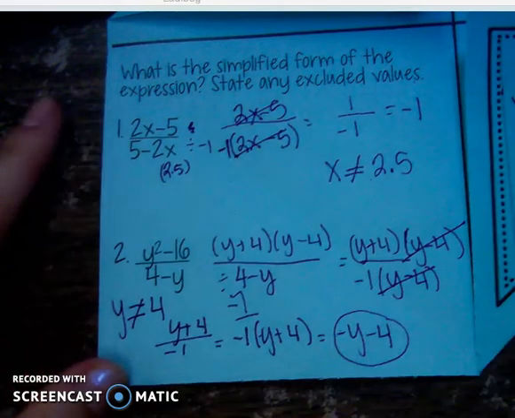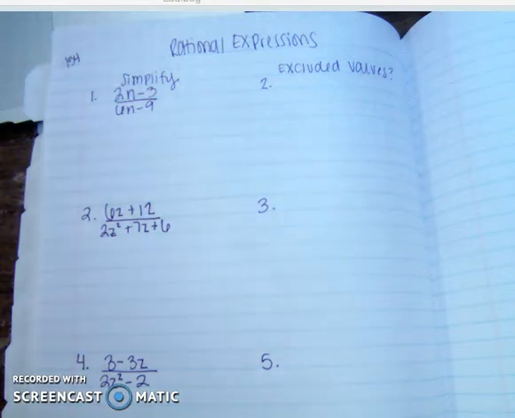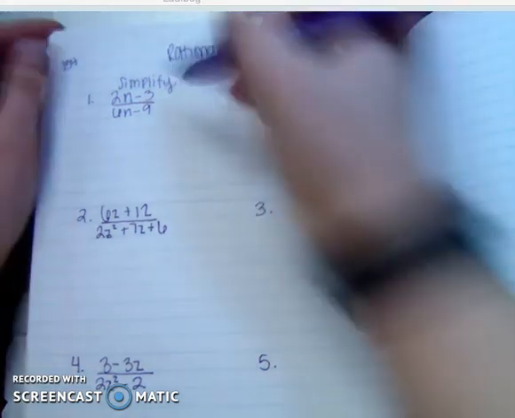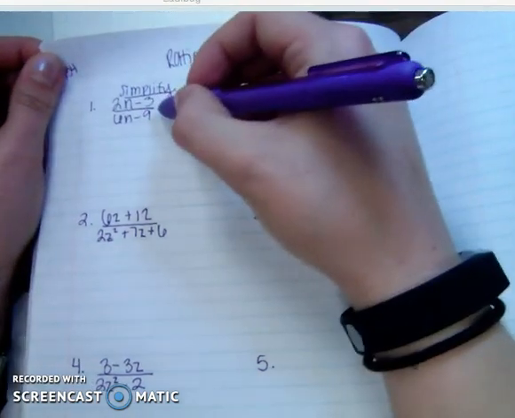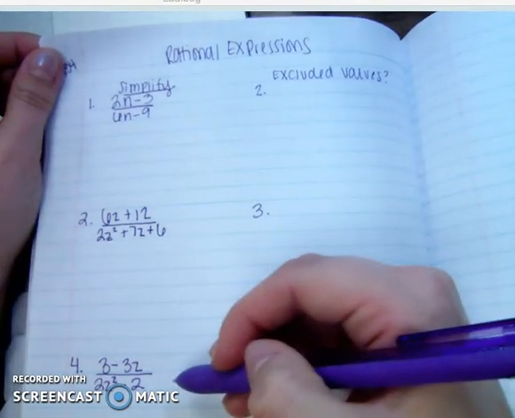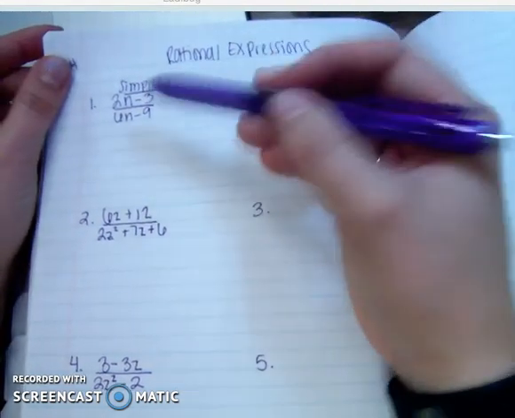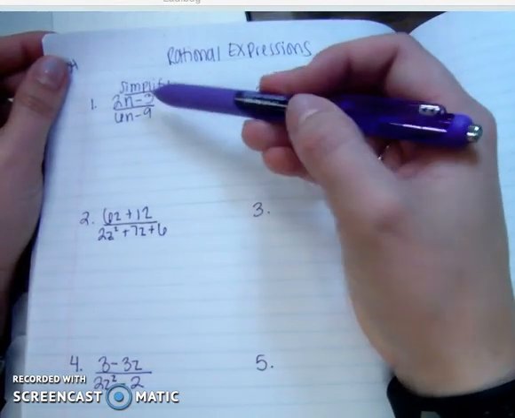That's my exclusion. We're going to do the last word problem together because we're going to draw a picture, and I'll explain it a little bit more in depth in class. If you'll go ahead and copy this down on a clean sheet of paper, because I have your interactive notebooks, you're going to first simplify each of the expressions. They're each like the ones that we did in class, in the foldable.